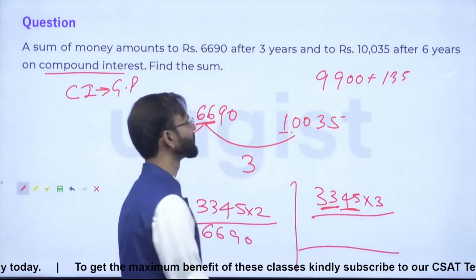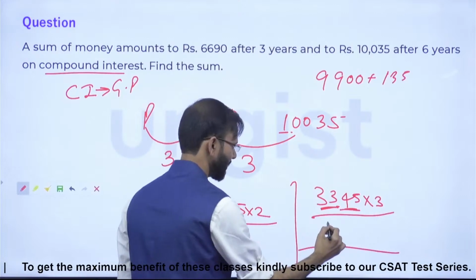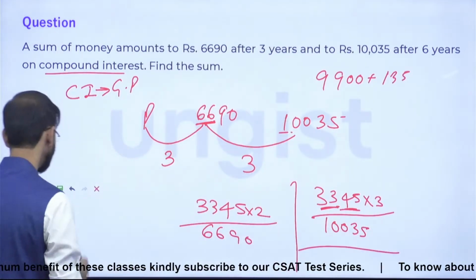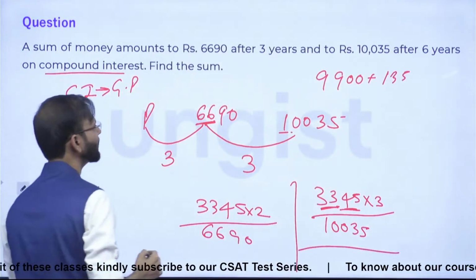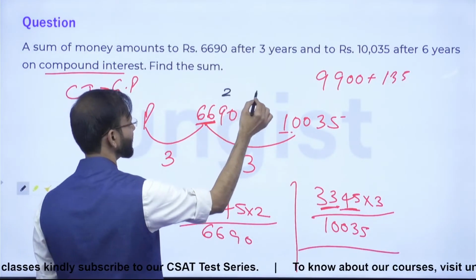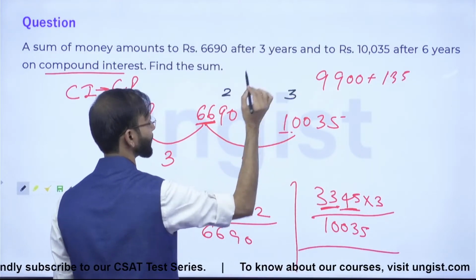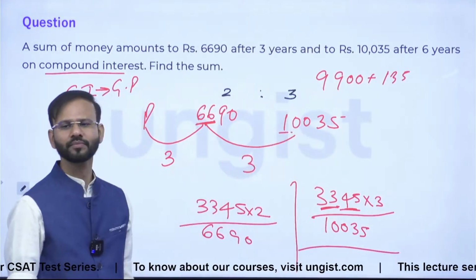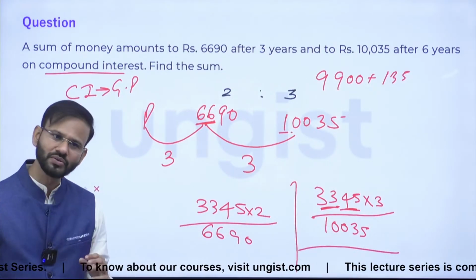So 9900 plus 135 is, yeah, ठीक. So guys, what is the ratio? Everyone, what is the ratio? The ratio is 2:3. Yes or no? Why? Because this into 2 and this into 3. Everyone, yes or no?